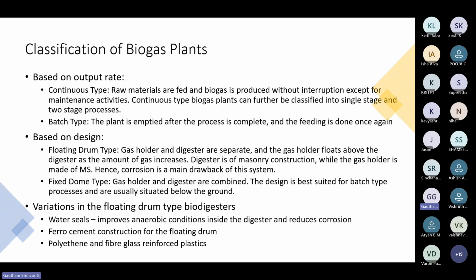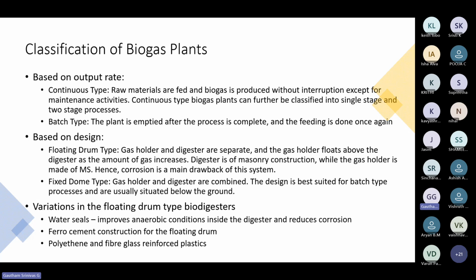And then we also saw the classification of biogas plants, right? We stopped right here. The classification of biogas plants: you have continuous type and batch type. In the continuous type, you have a continuous input and output, and every day you'll get almost the same input and output.